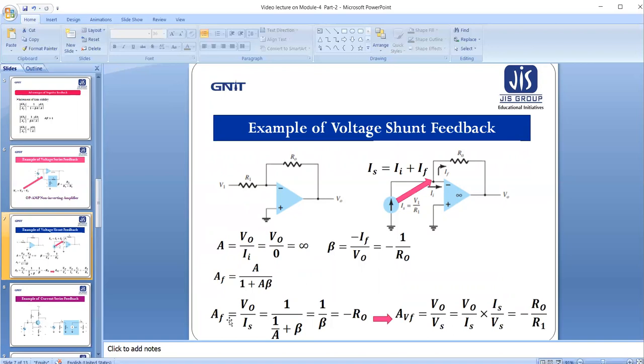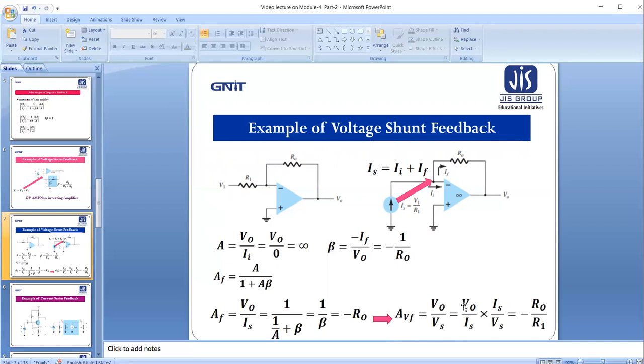However, we are going to our main discussion. AF thus becomes 1 by beta. Now beta is minus 1 by R naught. So ultimately the gain of the entire system is minus R naught. But as we are dealing with the voltage circuit, AVF can be written as V naught by V1, because our main signal is V1 or Vs, whatever it may be.